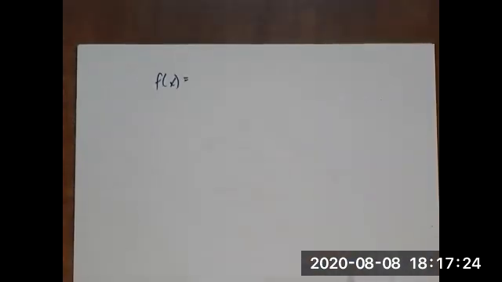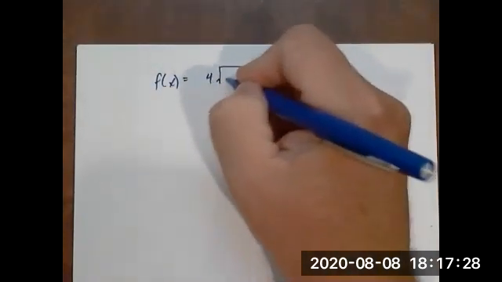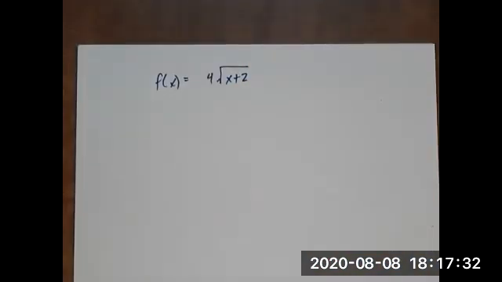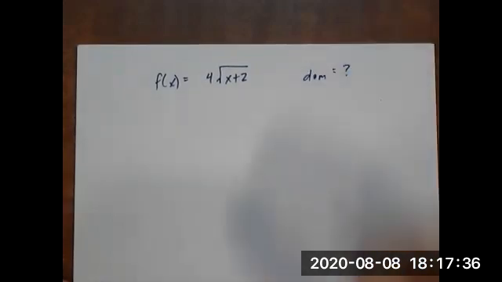How about we're given this function and we're asked to determine the domain: 4 times the square root of x plus 2. What's the domain? What are the values of x? What can x be? What numbers can x be?